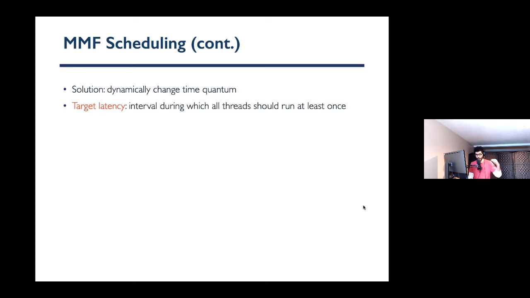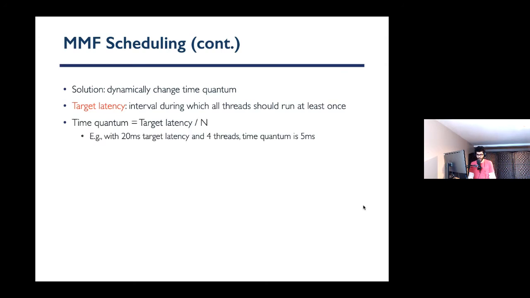So if your target latency is 100 milliseconds and you have 10 tasks in your ready queue, then if you set the time quantum to be 10 milliseconds, at every 100 milliseconds, each task gets to run at least once. Very simple math.